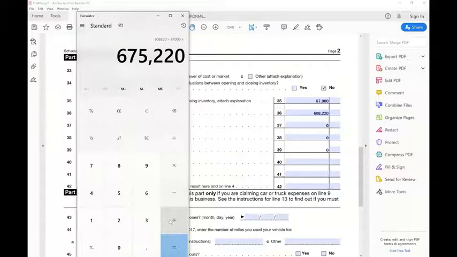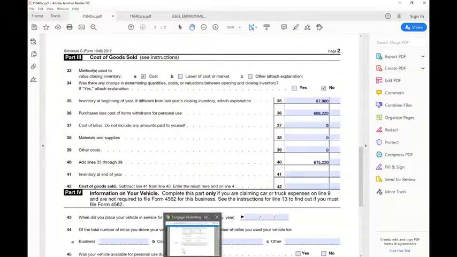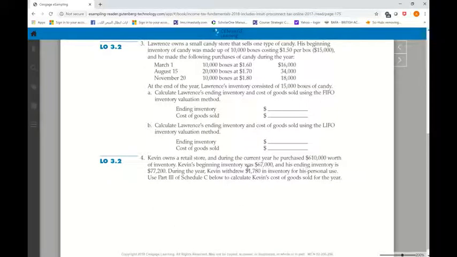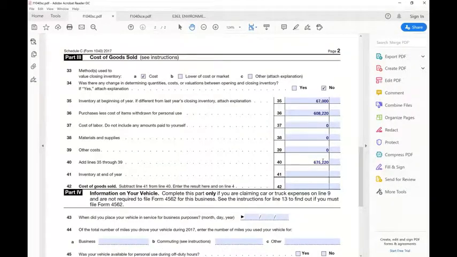So the total here is 675,220, and this will be in line 40. So 675,220, and then we need the inventory at the end of the year, which is 77,200. So this will be minus 77,200.